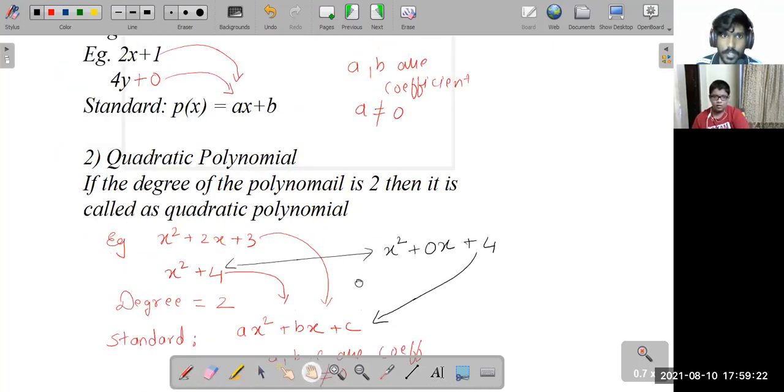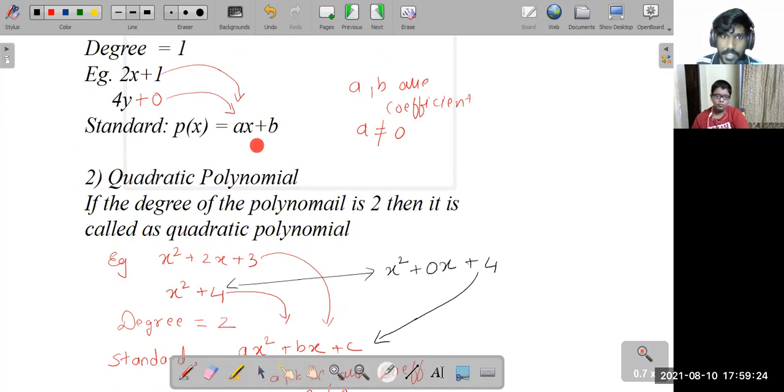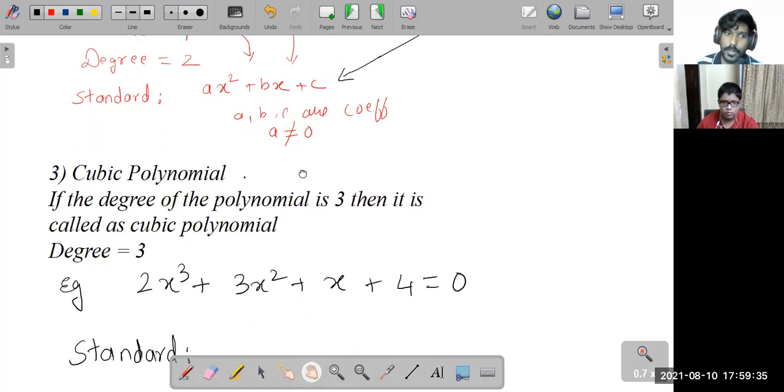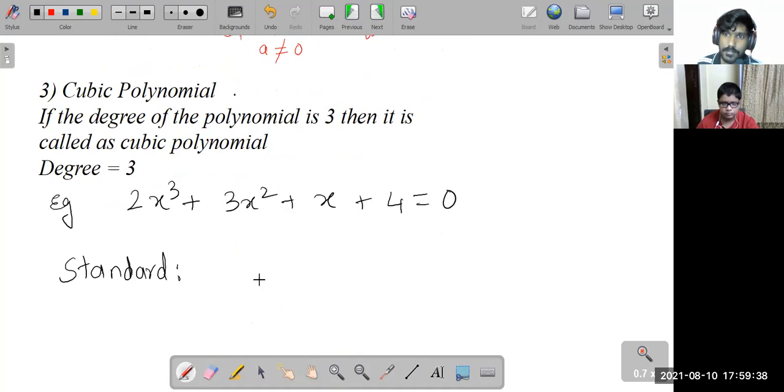See, for linear it was ax plus b. For quadratic it was ax square plus bx plus c. So what could it be for cubic? ax cube plus bx square plus cx plus d equal to 0.